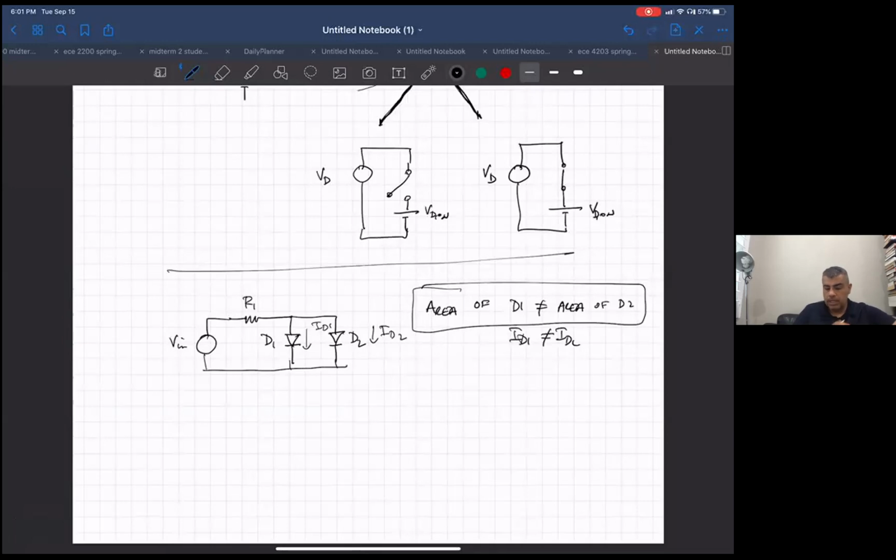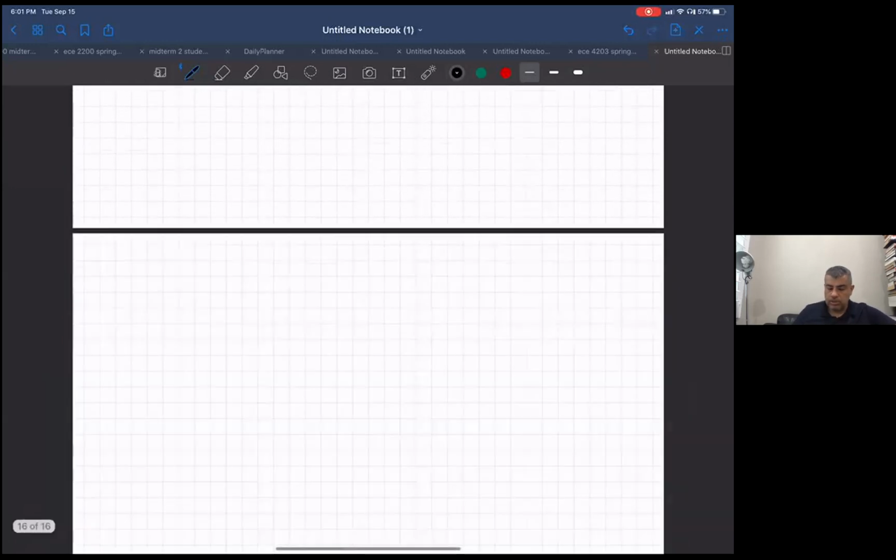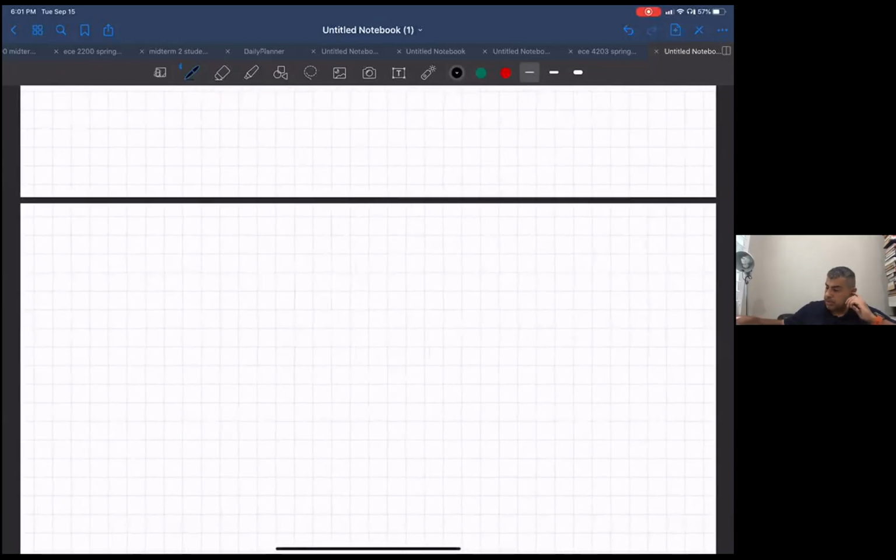Okay. All right, so now let's start doing some examples. All right, so the first one, and these examples are in the book, and I think also in the lecture notes.